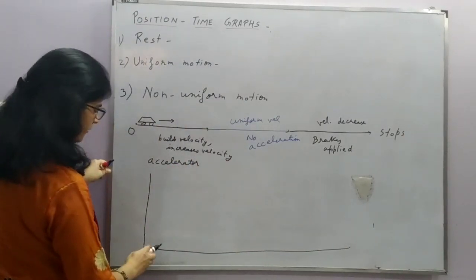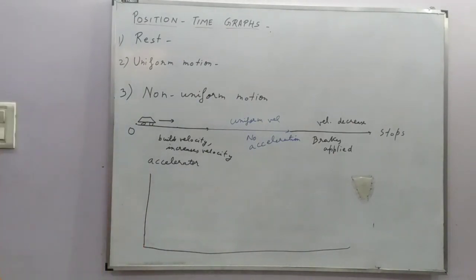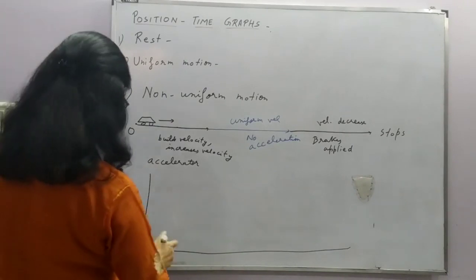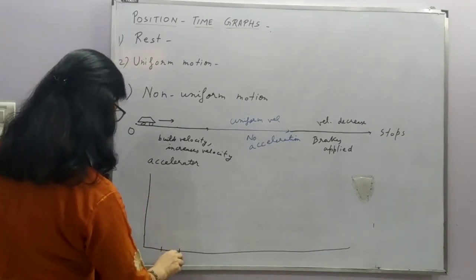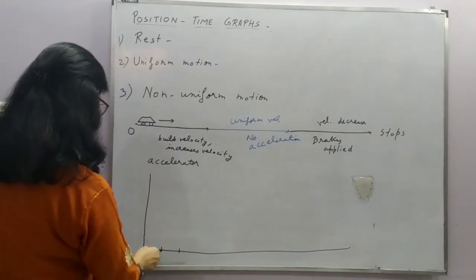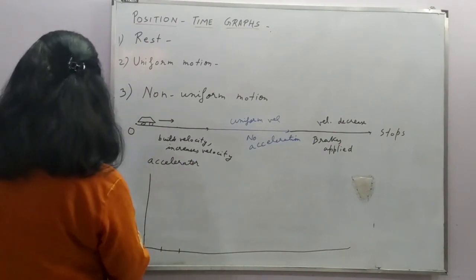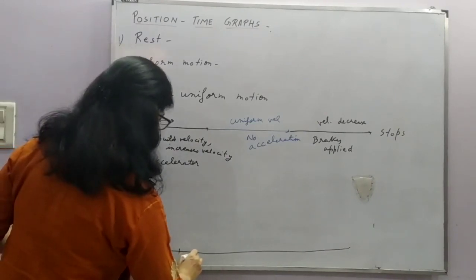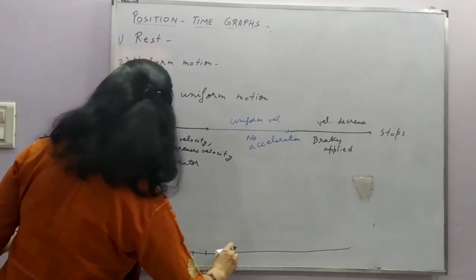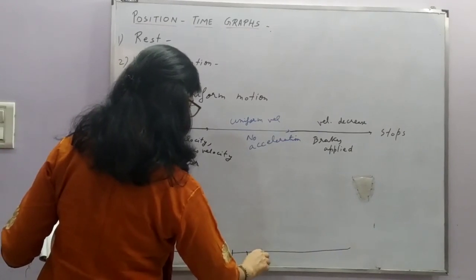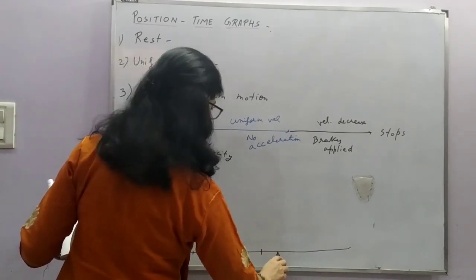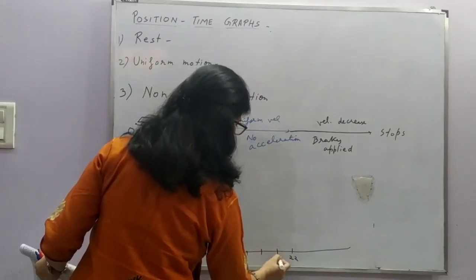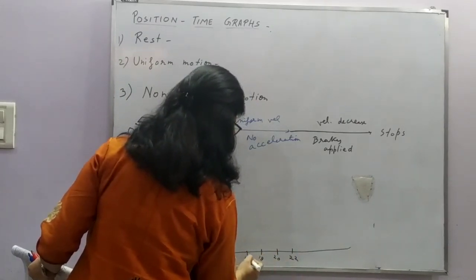If I draw this graph and I have to mark the intervals from NCERT, suppose we are considering that from 0 to 2, there was no motion, the preparations were done. So it started: 2, 4, 6, 8, 10, 12, 14, 18, 20 and 22. So till here, I am marking it over here.